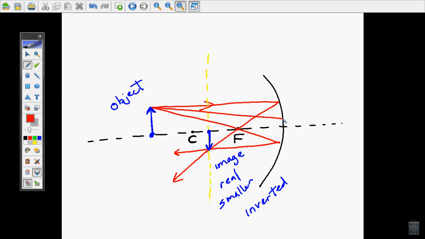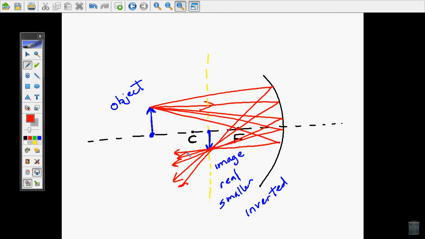But guess where that light ray is going to go? Right through that same point. Another light ray that came up here, how would it reflect? Right through there. Another light ray going over here, how would it reflect? Right there. All the light rays would go through that point right there.